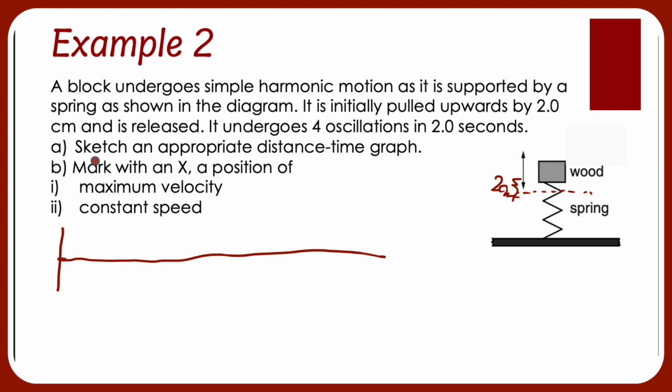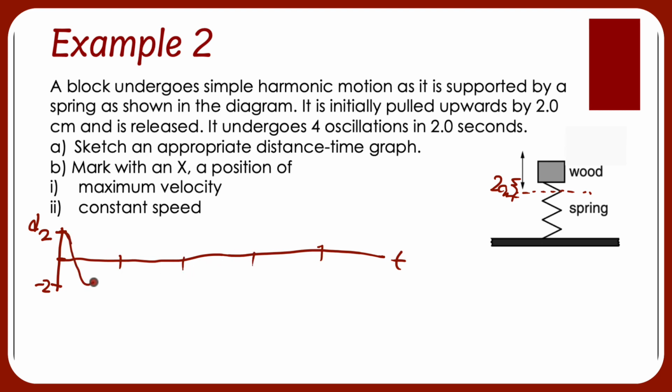The word sketch is a specific command term. I need to mark on relevant features, and in this case that means I'm going to need to write 2 for my amplitude. This will be -2. I need to do 4 oscillations, and it starts at 2, and I need to make sure that they're spaced out relatively the same.